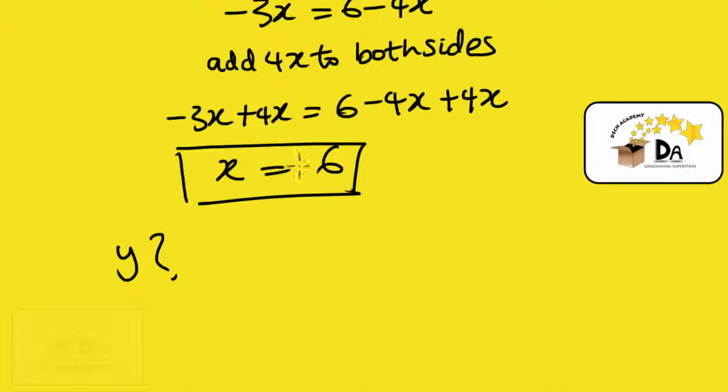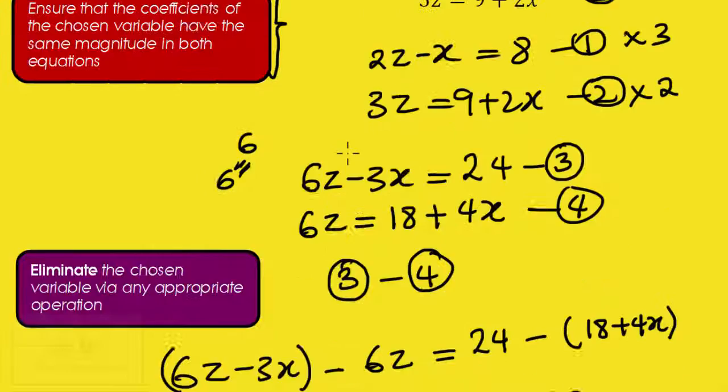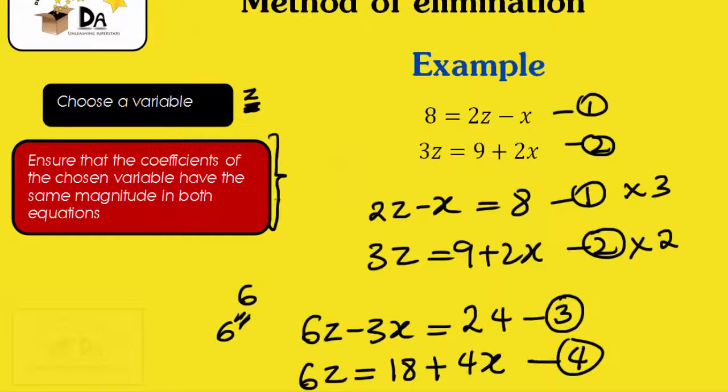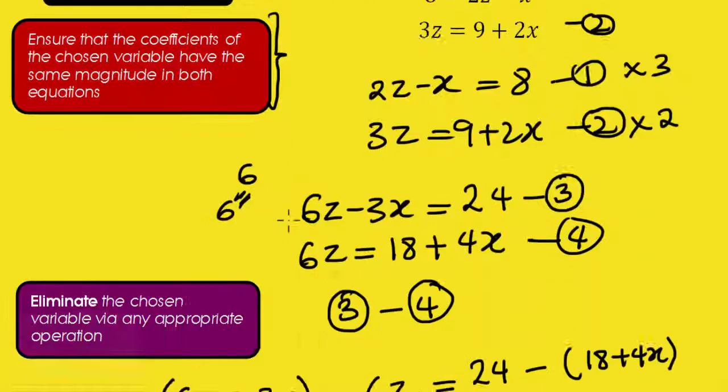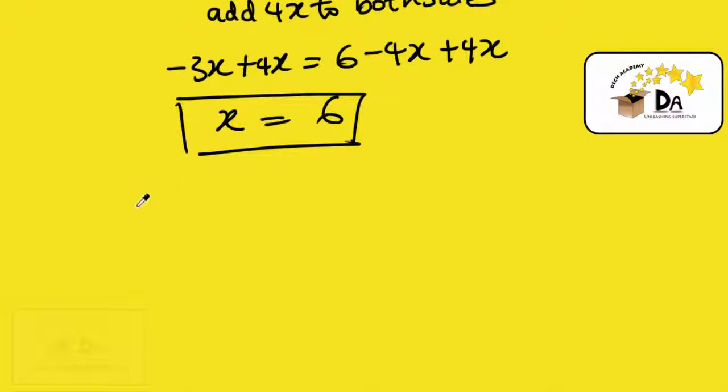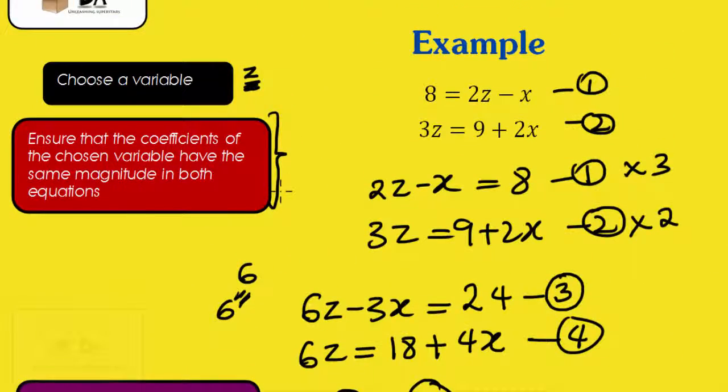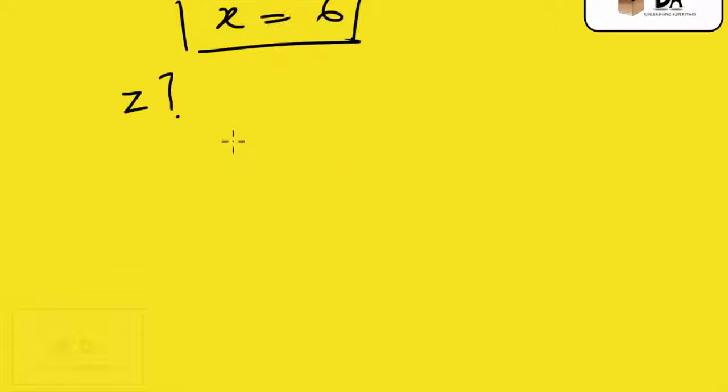So what about the other variable? Well, we use this result in any equation involving both variables. Sorry, no y. The other variable in this case is z. So we go to equation 1, which is 8 equals 2z minus x.